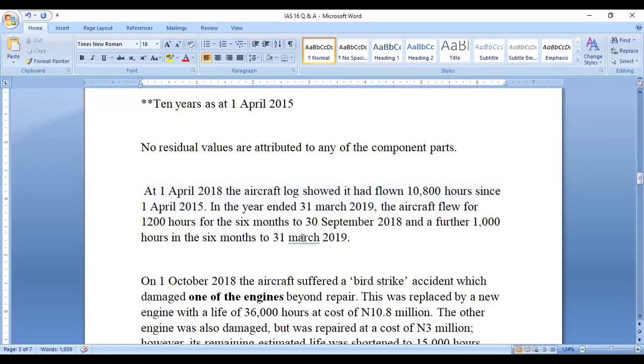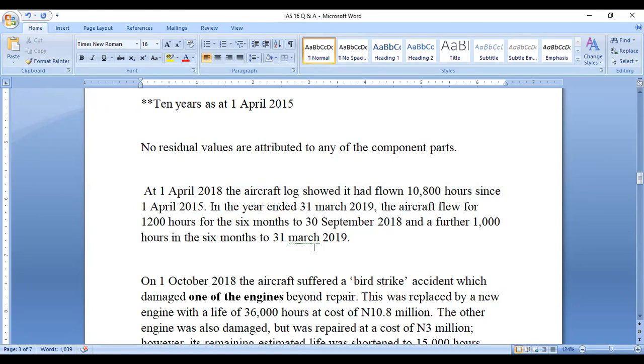We said in the year ended 31st March 2019, the aircraft flew for 1,200 hours for the 6 months to 30th September 2018, and a further 1,000 hours in the 6 months to 31st March 2019. Which period did the aircraft have the accident?